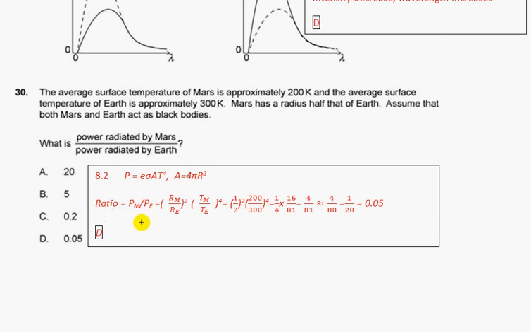When you divide ratios, you divide factor of radiuses, and factor of radius will be squared and temperature will be to the 4th power. So radius is 2 times less, temperature is 200 by 300, 1 over 4, 16 over 81, 81 is about 80, so 4 over 80, 1/20 is 0.05.